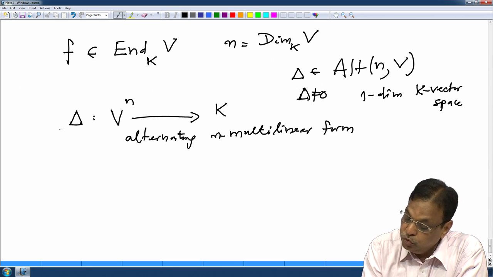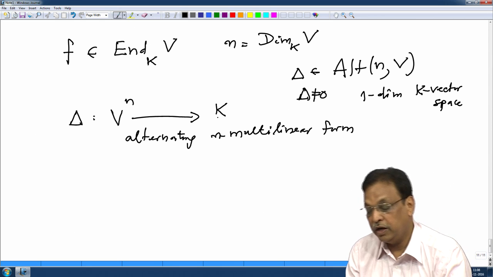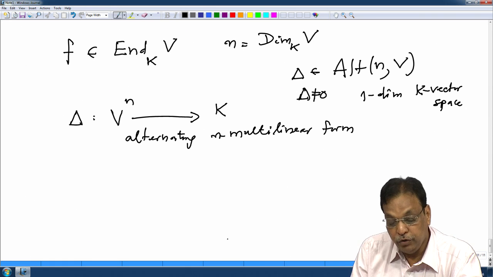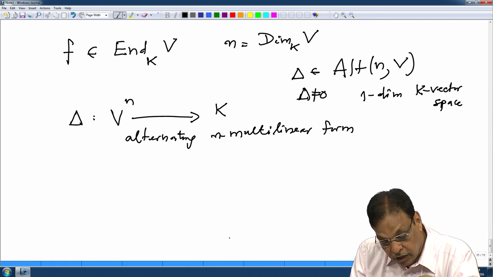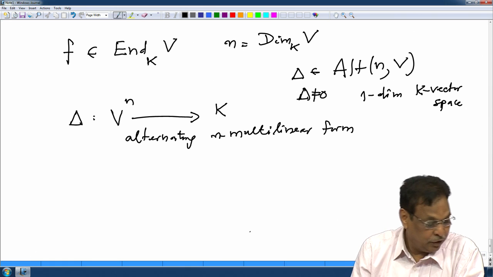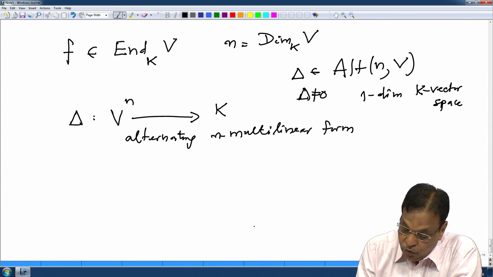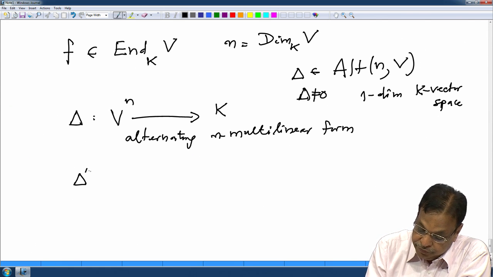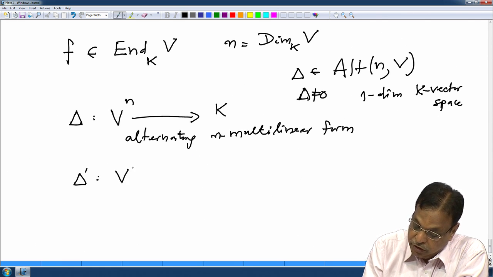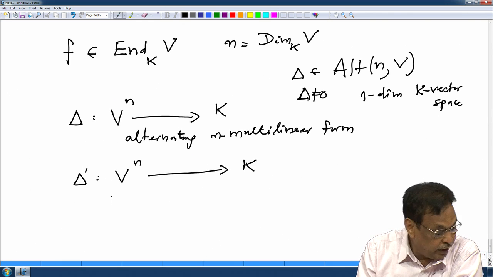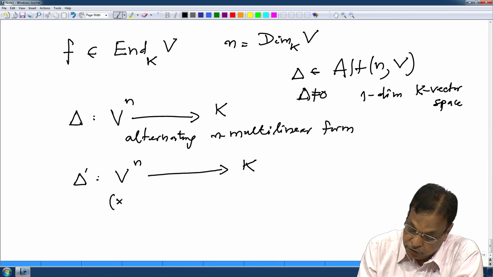Suppose you take any alternating n multilinear form on V, and now I will use this given f and this delta to get a new alternating form. So, I am defining now a new alternating form which I will call delta prime, which is again from V^n to K. And what do I need to define? I need to define it on any tuple x1 to xn.